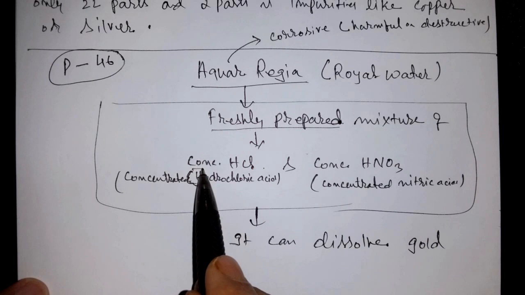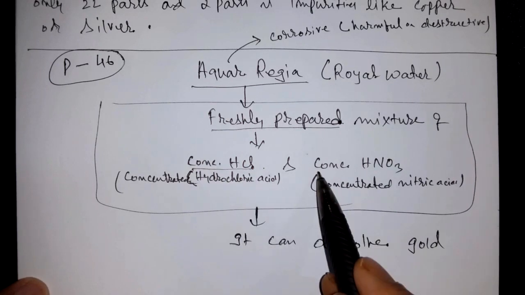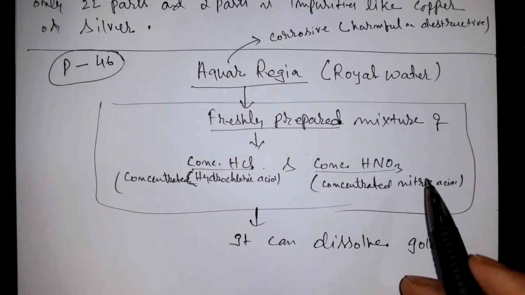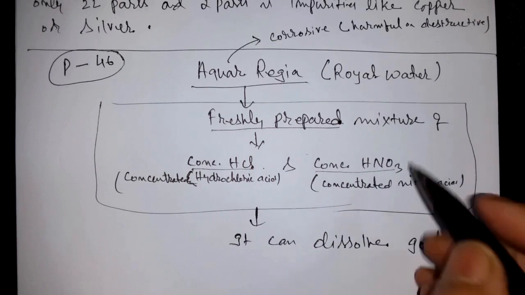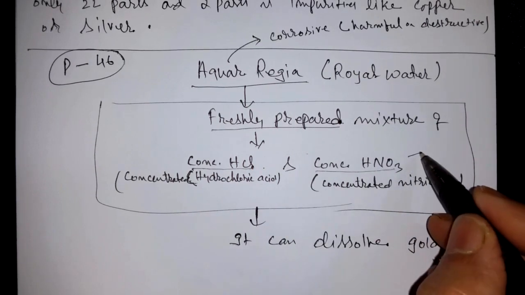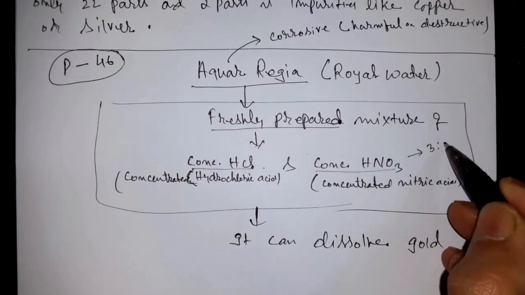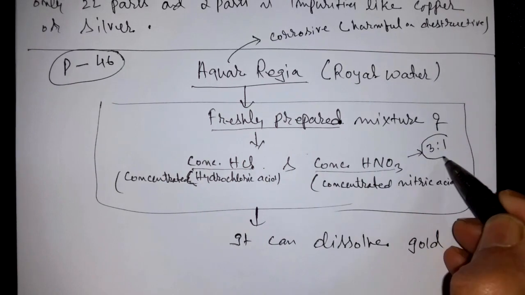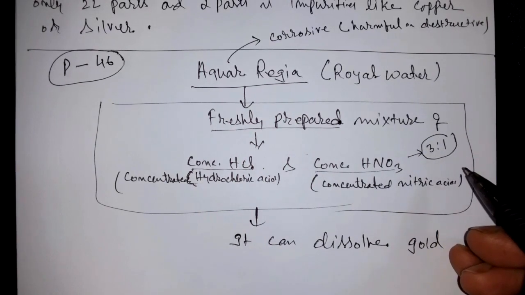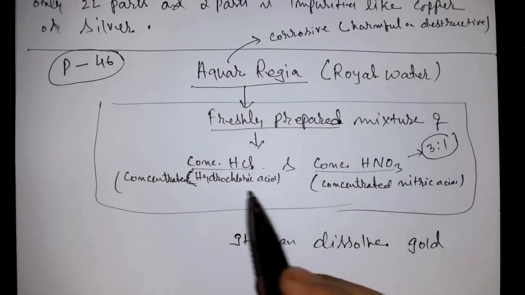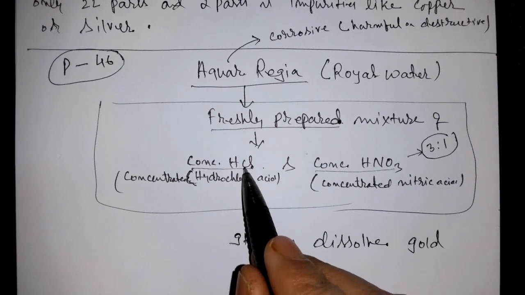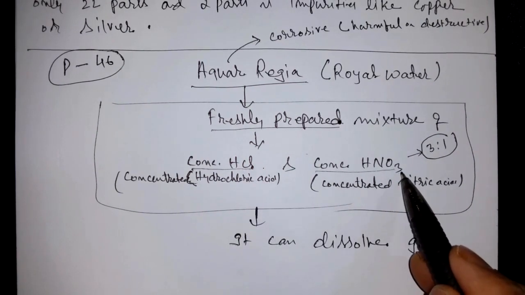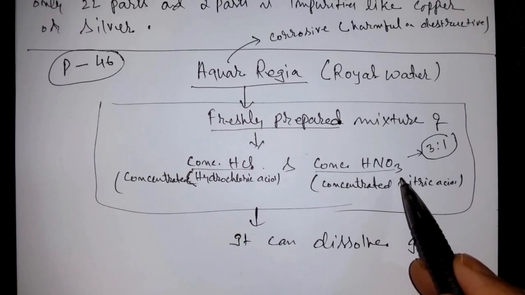So you make a freshly prepared mixture of these two acids, concentrated hydrochloric acid and concentrated nitric acid, and their ratio must be 3:1. This may be important for MCQ. That means 3 parts of the liquid should be concentrated hydrochloric acid and 1 part should be concentrated nitric acid.